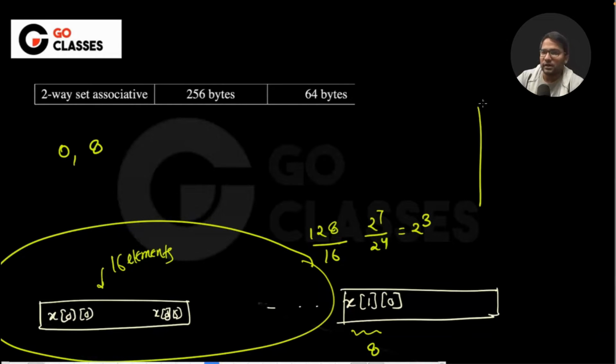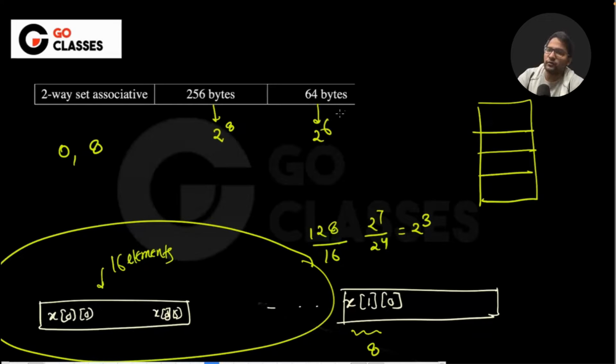And then the cache is looking like this. They are saying you have 2 power 8 bytes of cache and 2 power 6 bytes of blocks. So how many blocks do you have? 4 blocks, right? And if it is two-way associative, 1, 2, 3, 4, then there are 2 sets, set number 0 and set number 1.